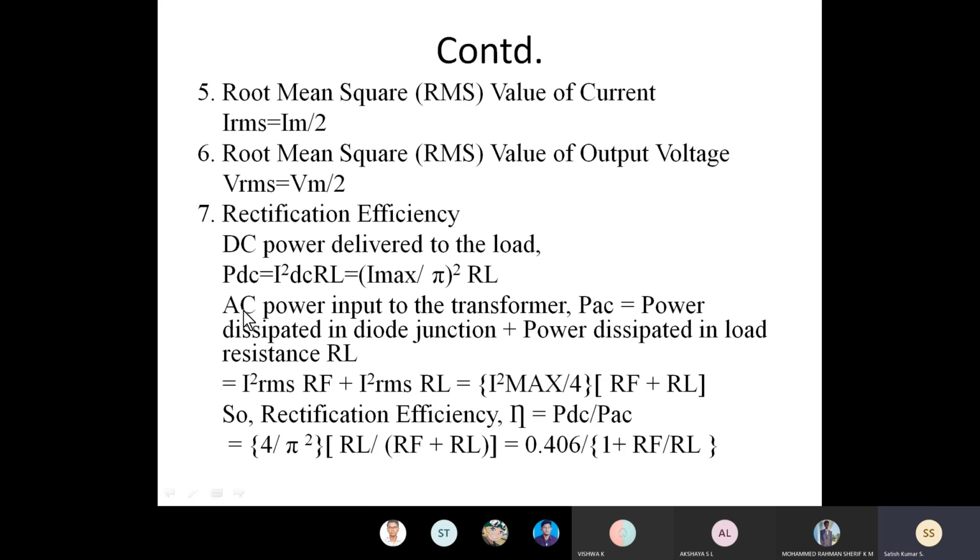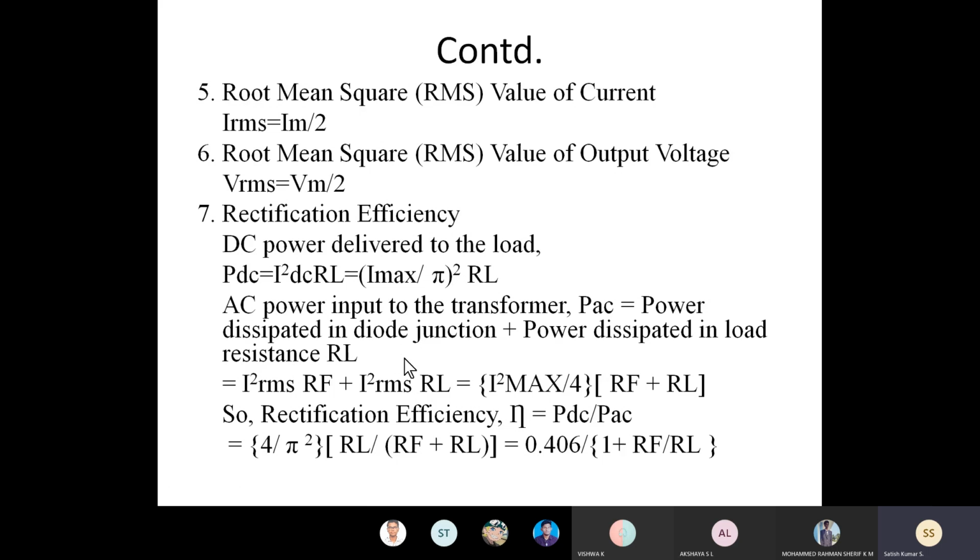Next I am going to calculate the input power. The input power is a combination of two values: the power dissipated in your diode junction and the power dissipated in your load resistance.